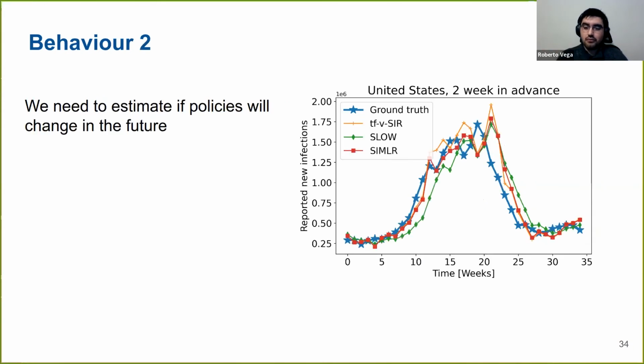What is the second behavior? For example, when we want to make predictions into the future, then we need to estimate the probability that a change in policy is going to happen. And then what we have is basically a weighted combination of both of them. For example, this is the case for making the predictions on the US 2 or 3 weeks in advance. Look, for example, around week 15, that the SIR model with time-varying parameters made an over-prediction, and then the slow model made a very conservative prediction.